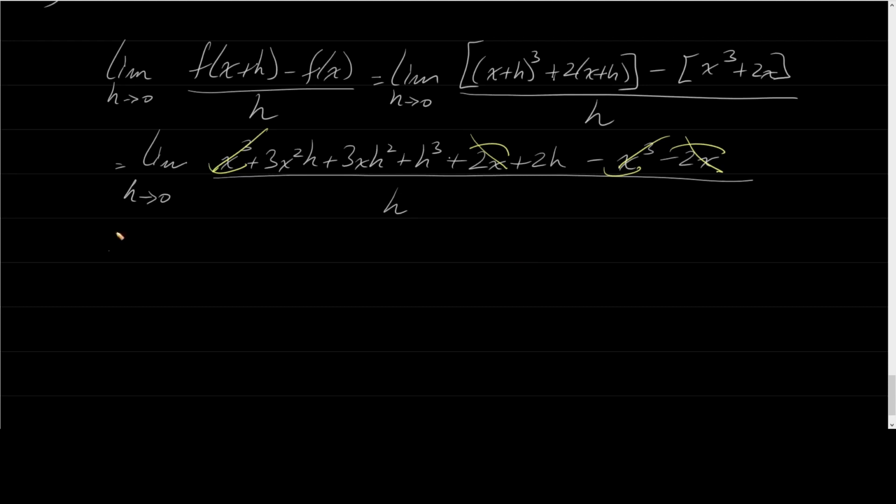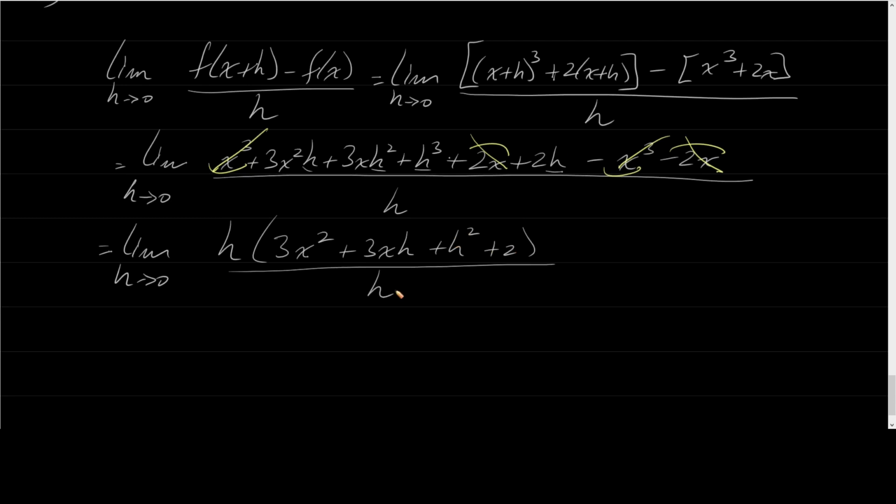So now I get the limit as h goes to 0 of, because everything here had an h, I can factor an h. If I factor an h, I'm left with 3x squared plus 3xh plus h squared plus 2, all of this over h. At that point, these h's cancel out. Now we have the limit as h goes to 0 of 3x squared plus 3xh plus h squared plus 2.